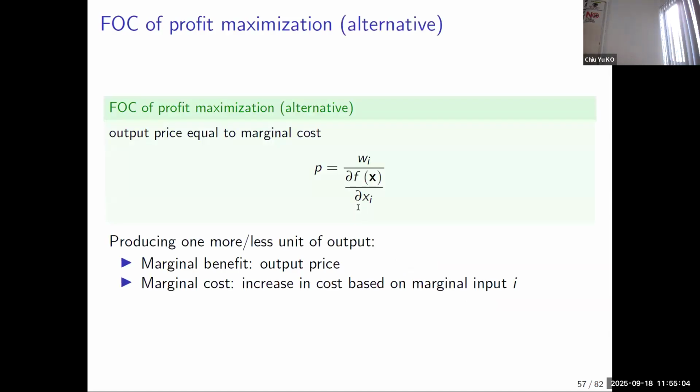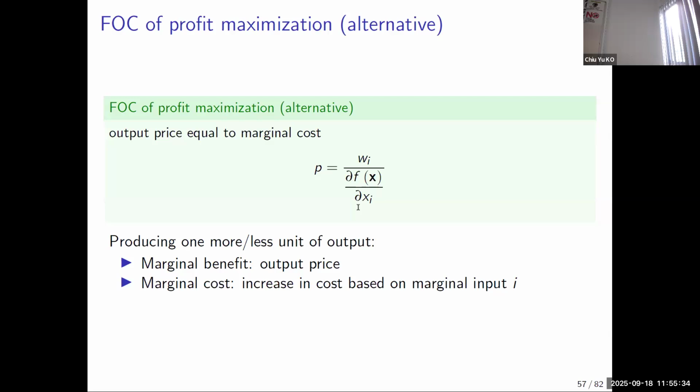And if you write the alternative form of it in this one, this very simple price, is if you produce one more good, that's what you get. This is the marginal benefit of producing one more good. Before it was the marginal benefit of increasing one more unit of input, but now it's the marginal benefit of producing one more good, that is P. What's the marginal cost of producing one more good?